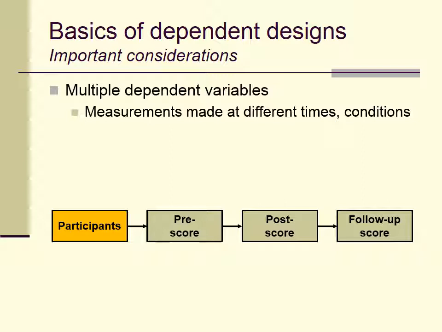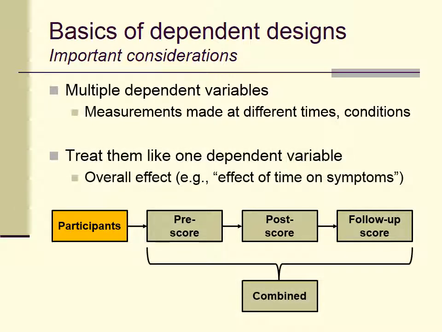So you might imagine a group of participants going through some sort of clinical trial. We have measures of their symptom levels at pre-treatment, at post-treatment, and at some sort of follow-up. So these are three separate outcome variables, but what we often like to do is treat them as if they were really, in a sense, one dependent variable.